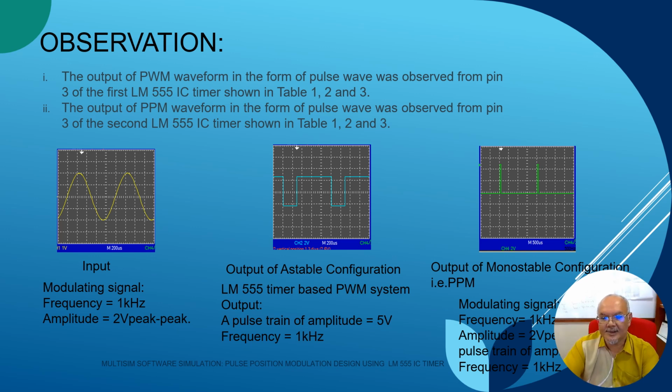The observation of the output of the monostable configuration for the PPM modulating signal: the frequency is equal to 1 kHz and the amplitude is equal to 2 V peak-to-peak.